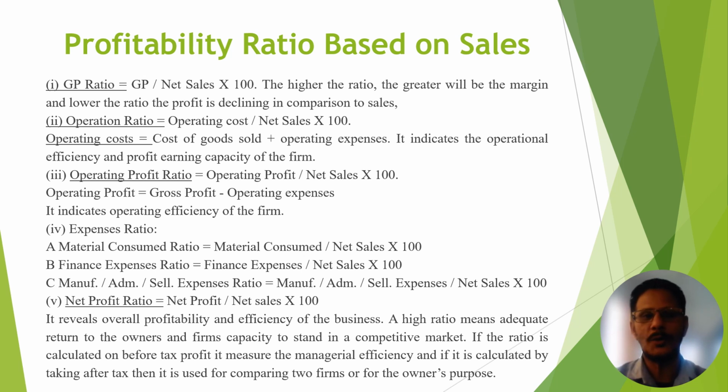Now the next ratio, operating profit ratio. For calculation of operating profit ratio, the formula is operating profit divided by net sales multiply 100.